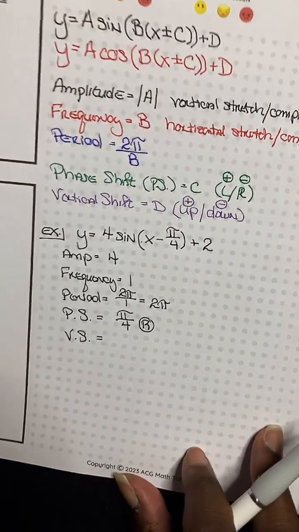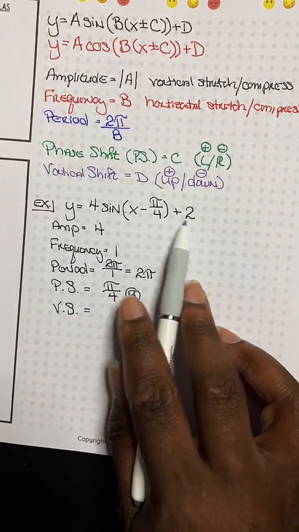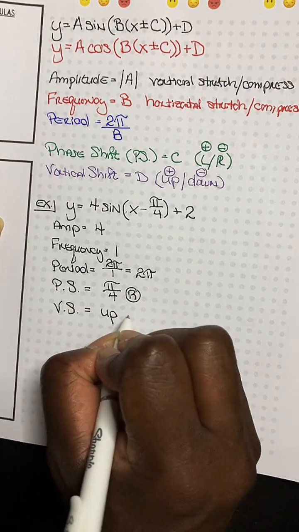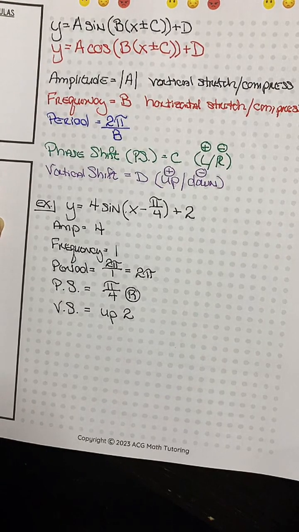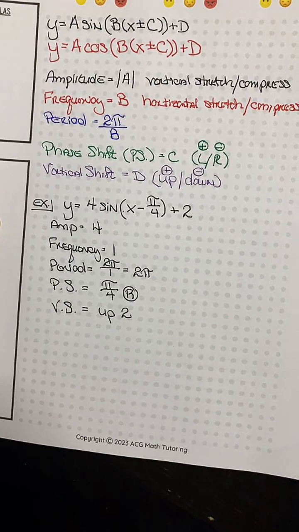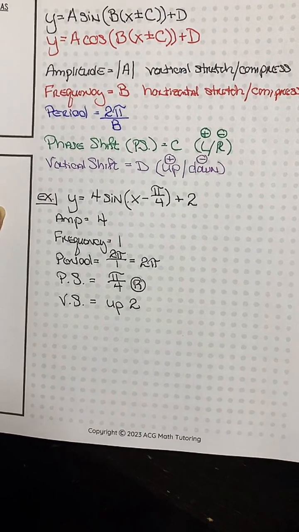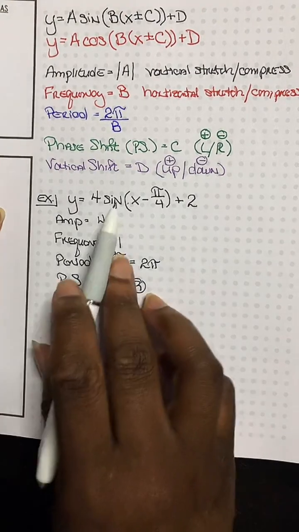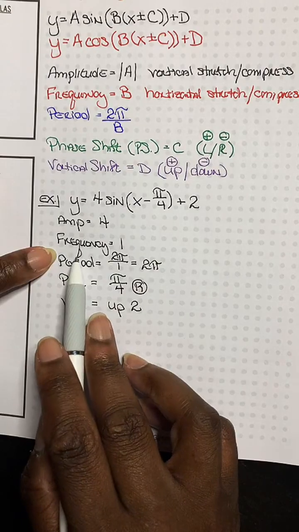Then my vertical shift is my D, and my D is a positive 2. So that means we went up 2 units. All we're doing is taking bits and pieces of information and applying it to a graph. Since I know it's going to be a sine graph, I normally will start at 0, 0.